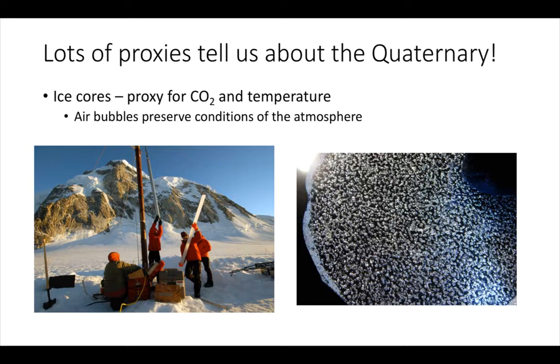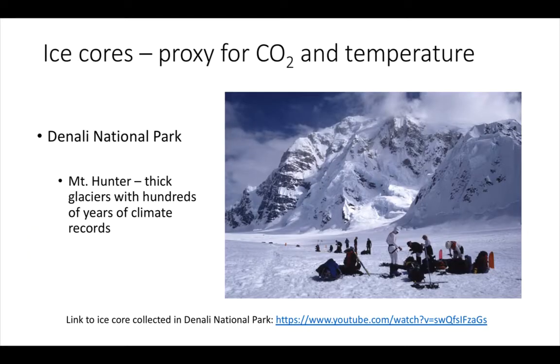As it is snowing, the air close to the surface of the ice can get trapped under that snow, and then over thousands and thousands of years, as it continues to snow and build up that glacier, those air bubbles preserve the ancient atmosphere and the concentration of CO2 that was in that ancient atmosphere. So this is a really cool proxy, and it can go back pretty far.